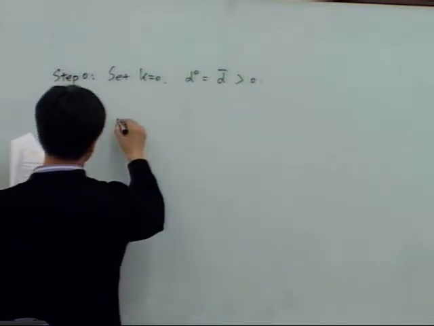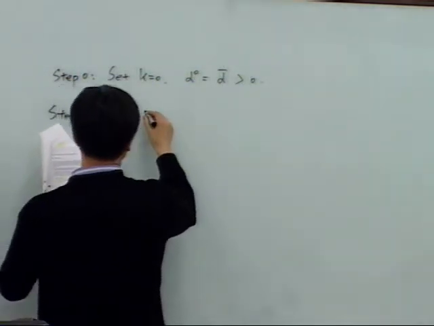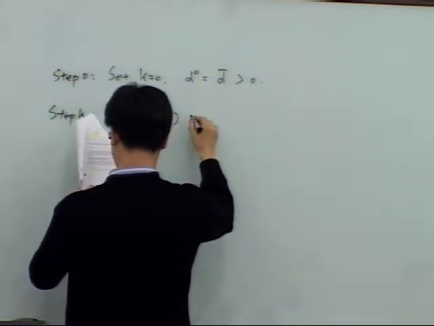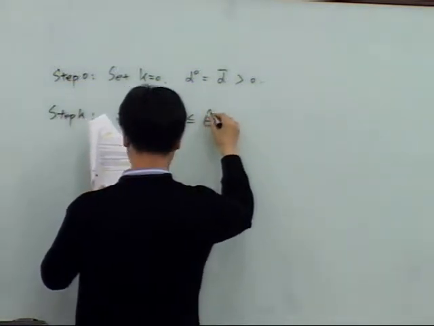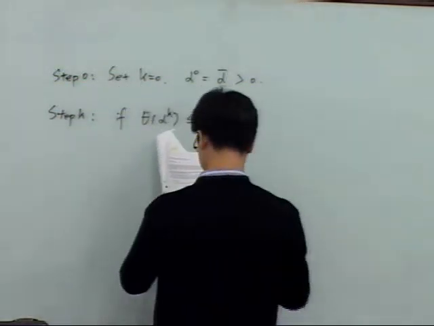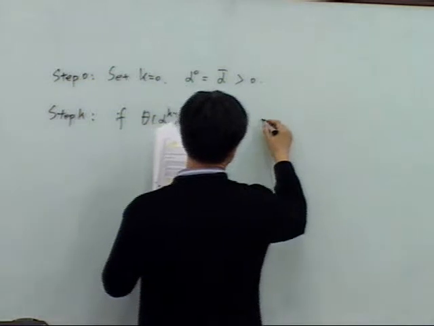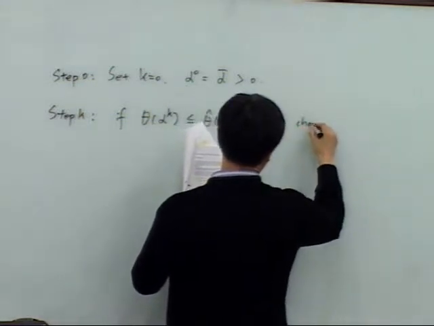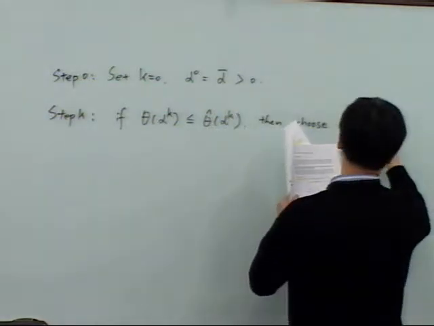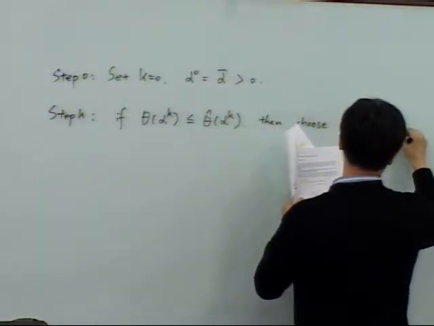If the first condition is satisfied, then choose alpha k as the step size.